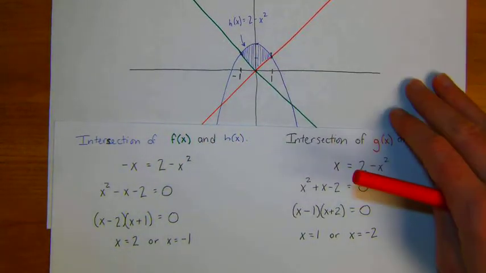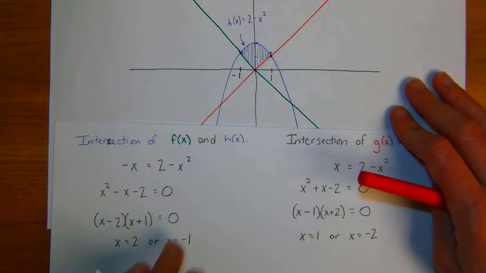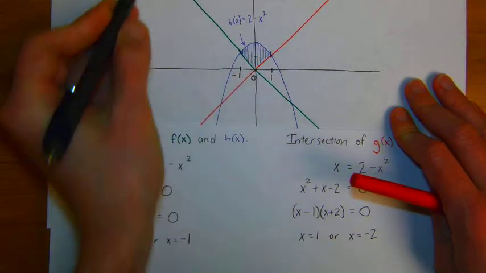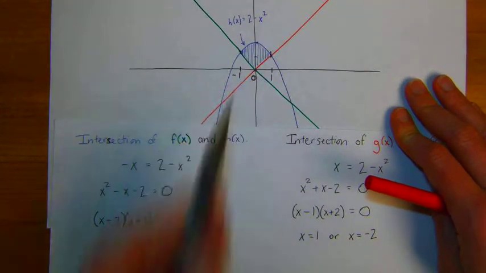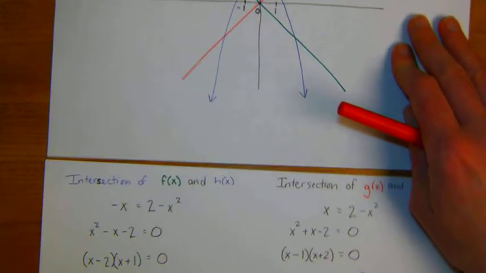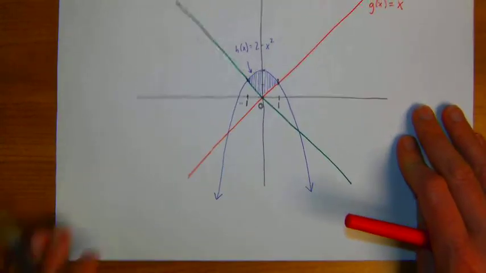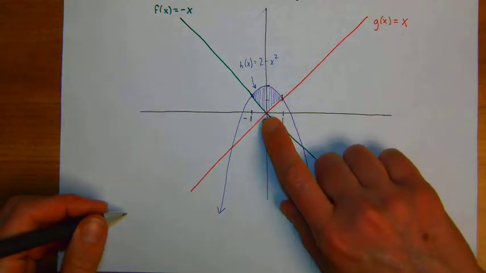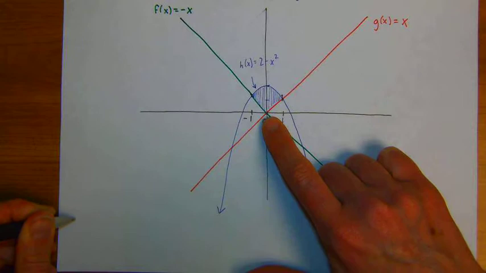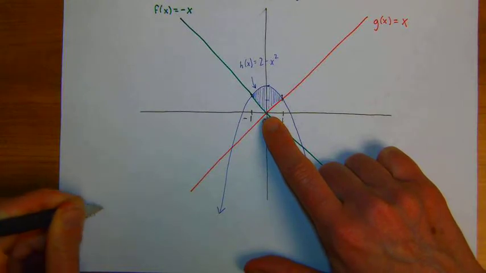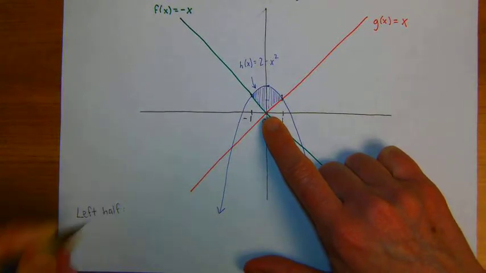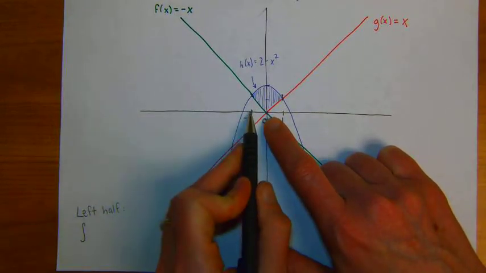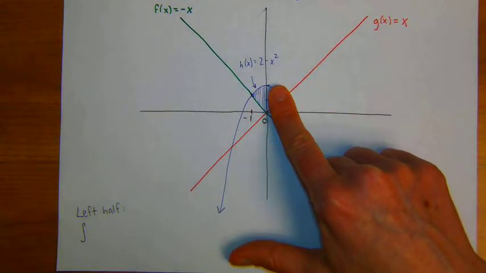So now that I know these intersection points, we're able to set up our integration. I also would have to solve for this intersection point, but I can see easily that f of x and g of x intersect when x equals 0. So to set up the integration, I'm going to take the left half of this region, which is going to be from x equals -1 to 0, because I'm only looking at that piece of it.